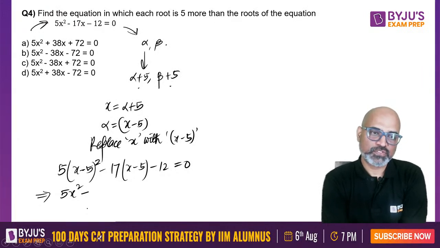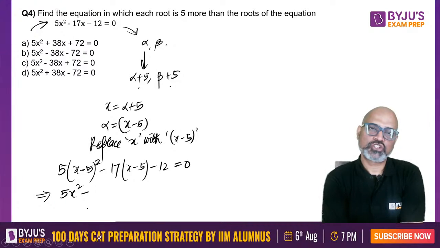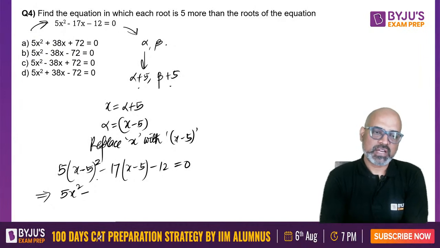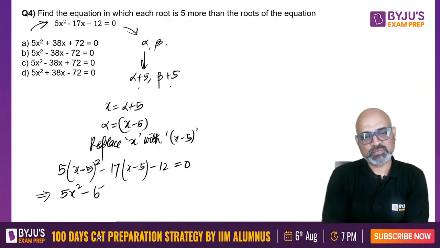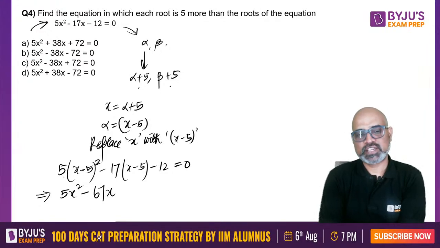Is it minus 50x? It should be minus 50x, no? Minus 50x minus 17x is minus 67x. And 25 into 5 is 75. 75 plus 85.